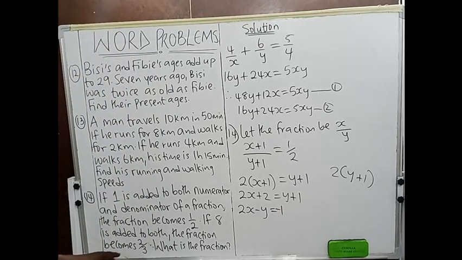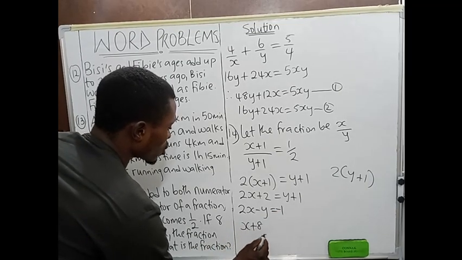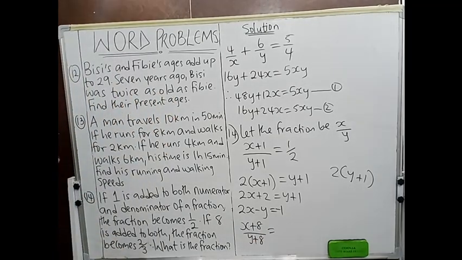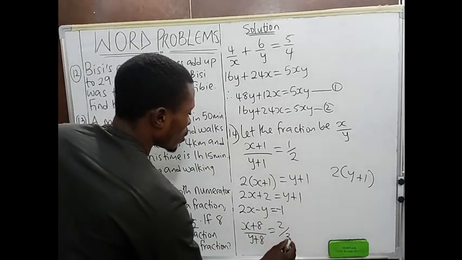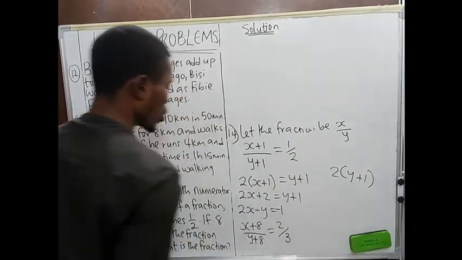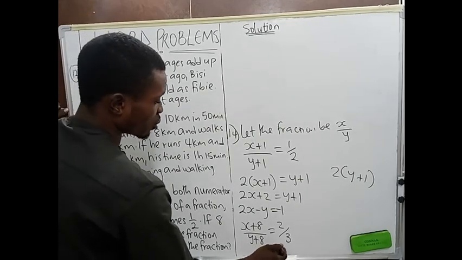Also, the second statement says if 8 is added to both, x plus 8 over y plus 8, right, the fraction becomes 2 over 3. Let me clean this upper part. Okay, clear fractions by multiplying by the LCM.